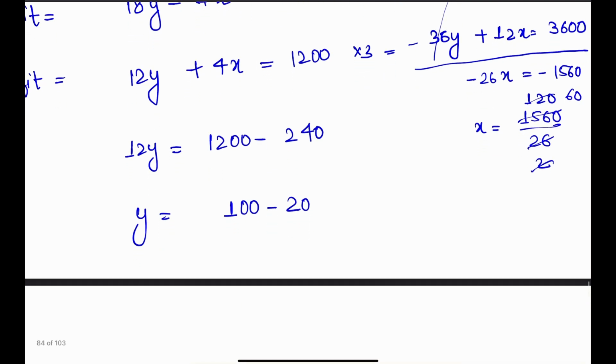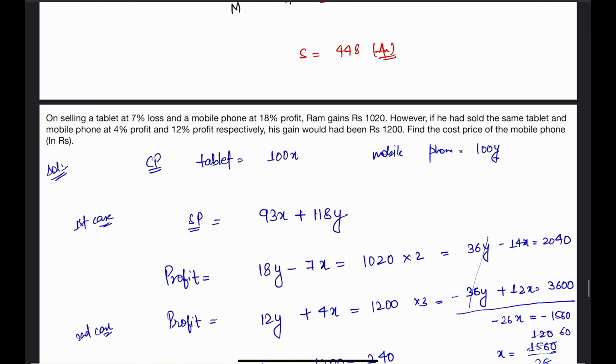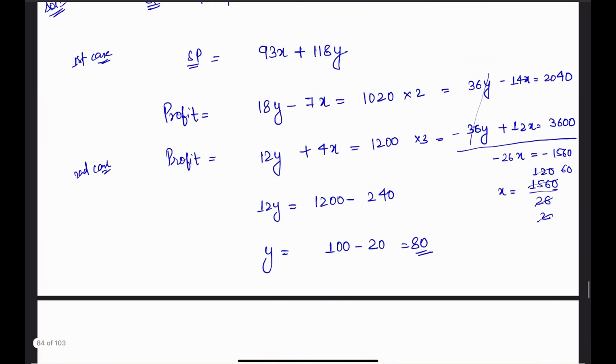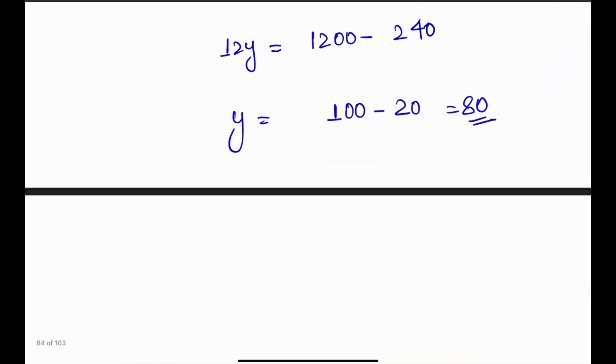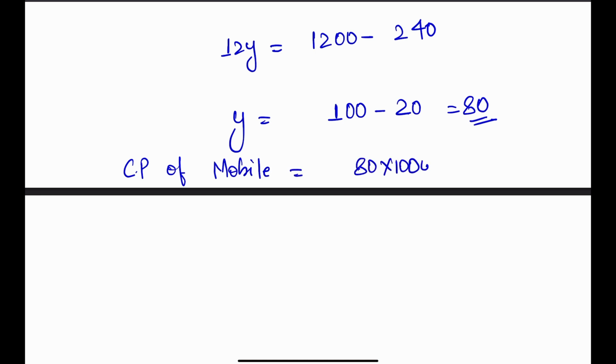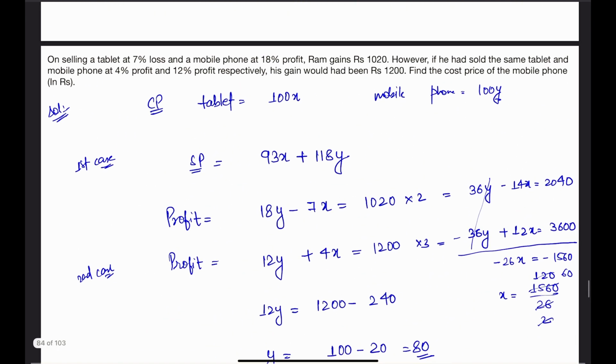Yeah, not suppose, it is. So 80. So the cost price of mobile, CP of mobile, will be 80 into 100, which is 8000 rupees. 8000 will be the answer of the question. I suppose at least this question should be correct.